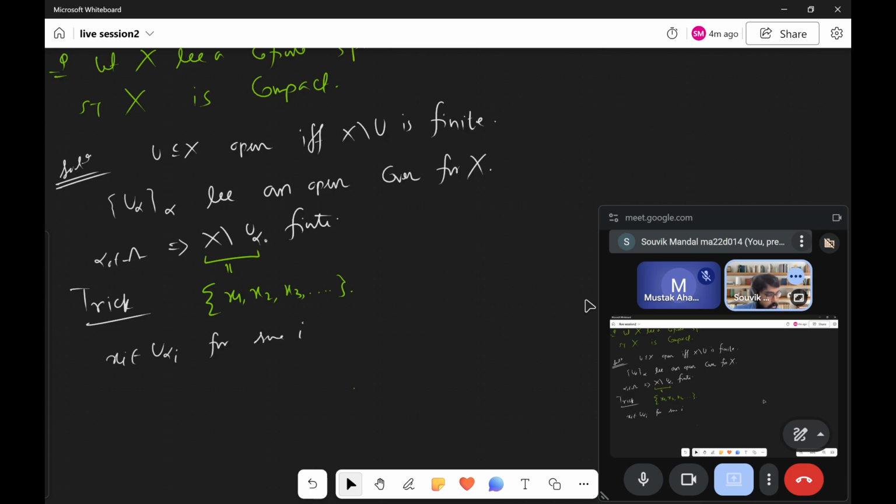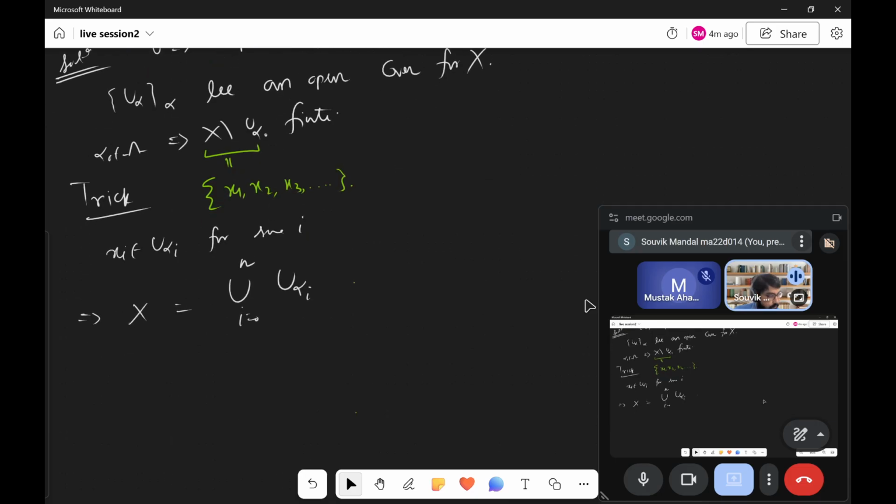Correct. So this implies x equals the union of u alpha i, i equal to 0 to n. So this implies the collection of open sets u alpha i forms a finite subcover of X. Okay, so this is the argument.